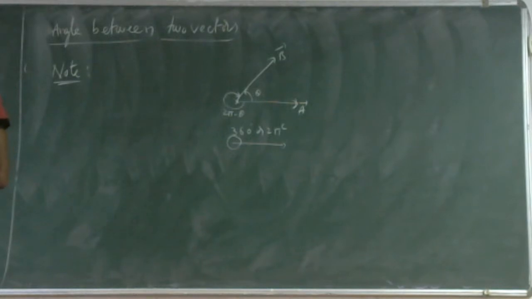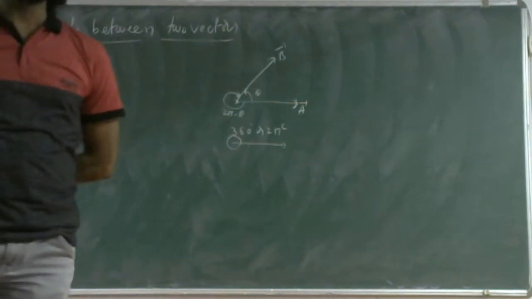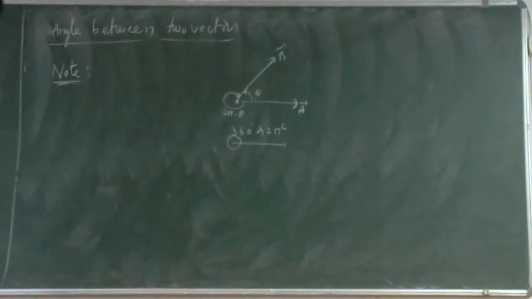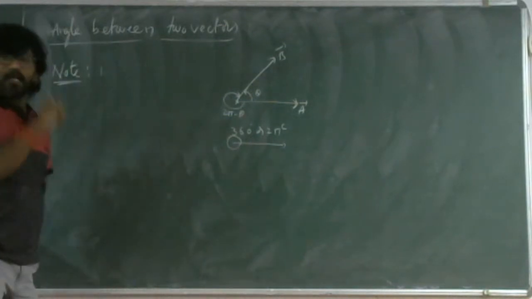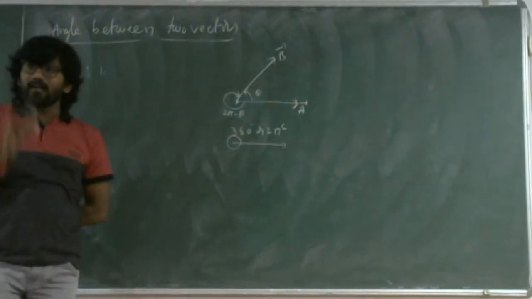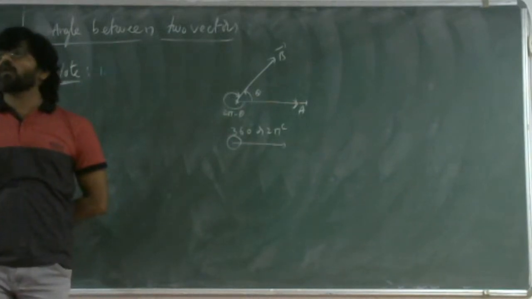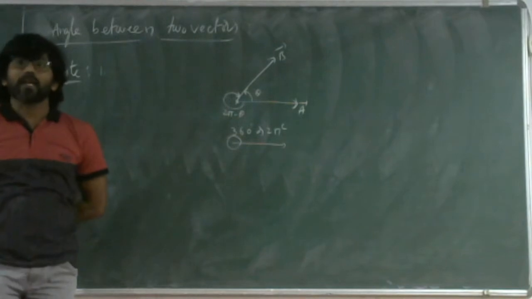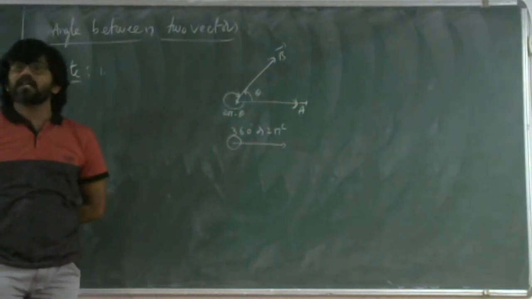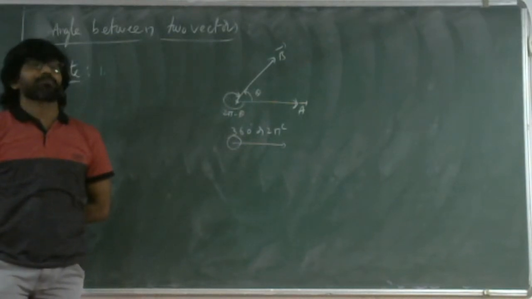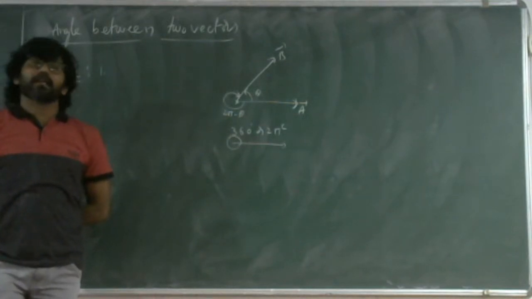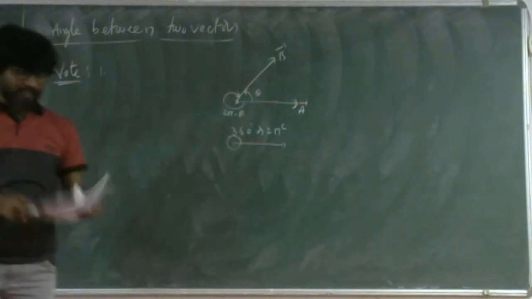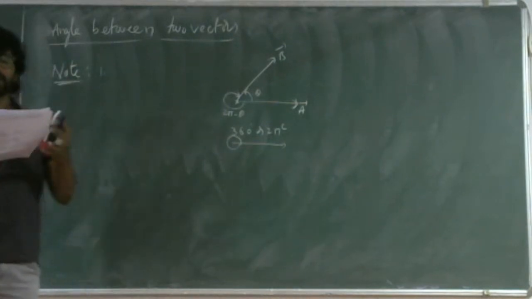Angle measured in anti-clockwise direction will be taken as positive, while that measured in clockwise direction will be taken as negative. Okay? Right. By making use of this, let us see how to work this out.